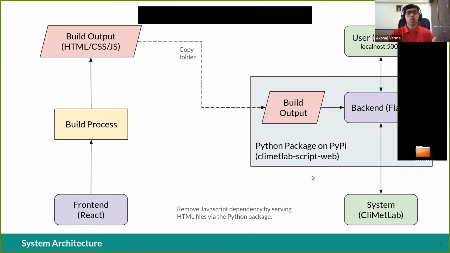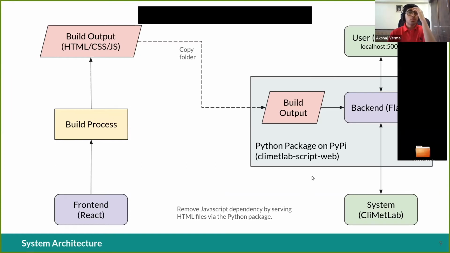So in the end, the user will not have to download Node.js or run any Node server at all. We could simply just download this from PyPI and get working with it. And there's an additional dependency with CliMetLab, because we use certain features for filtering via the CliMetLab Python package.